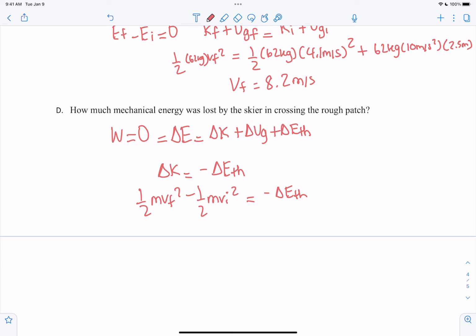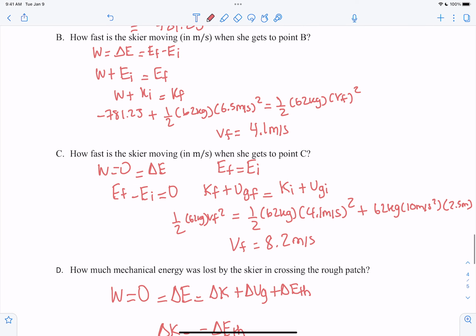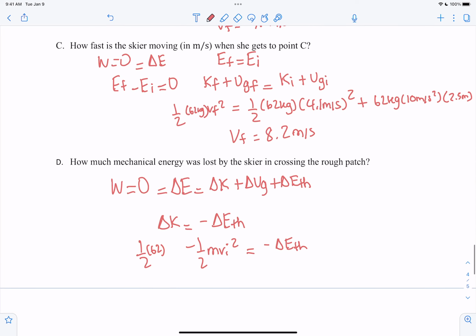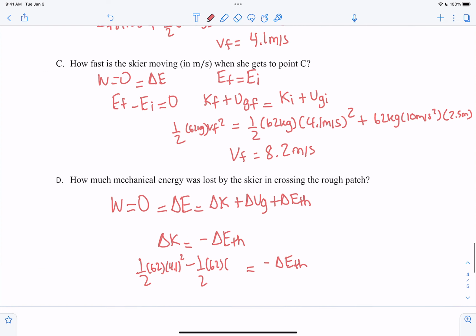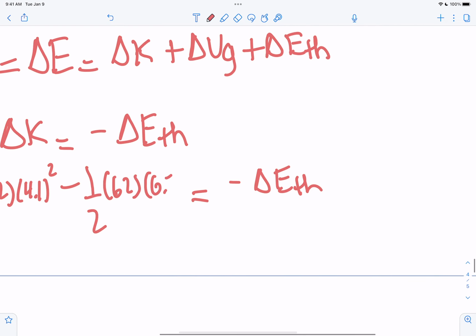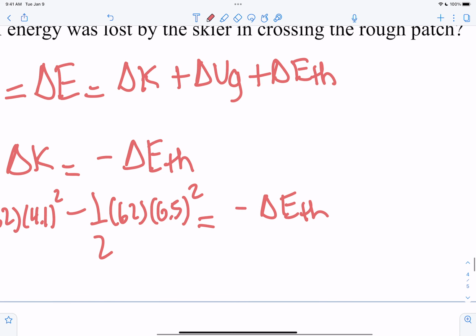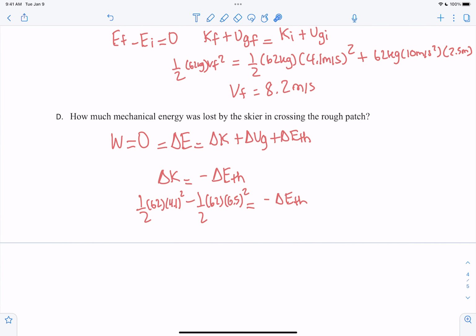So half m vf squared, when we know that the mass is 62, and then the final speed was what? 4.1 meters per second, and we can square that, and this is 62 times 6.5 meters per second for that first part, for the initial speed.